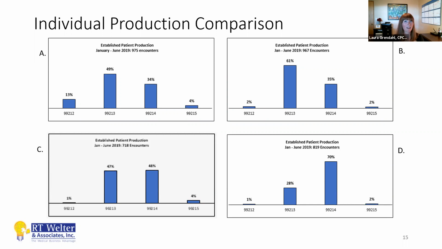Maybe provider A is a new clinician, fresh out of residency, and they're just starting to get their feet wet, and so they're seeing a lot of those follow-up visits. Or it's a nurse practitioner, and so she's seeing a lot of those follow-up visits or low complexity illness visits, compared to provider D, who might be a partner and he's been doing this for 15 years and he's in the mix of it and he's seeing all of these very complex cases.